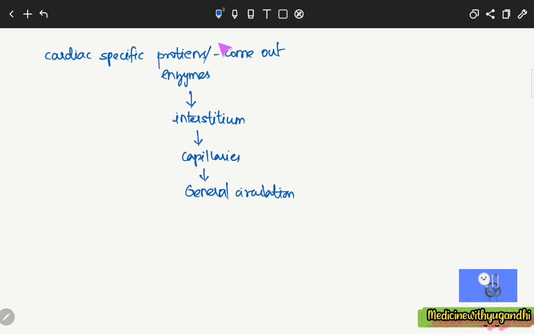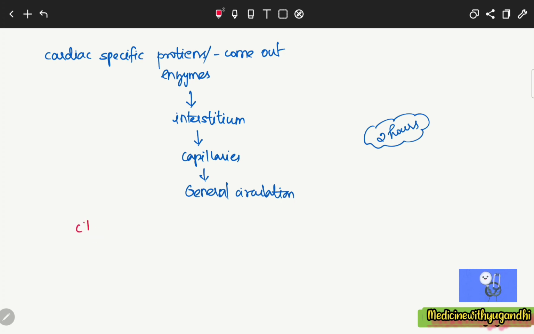These cardiac specific proteins or enzymes are generally called cardiac specific markers. They can be detected as early as 2 hours after the onset of myocardial infarction. So let us list out the cardiac specific markers.